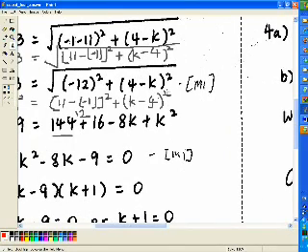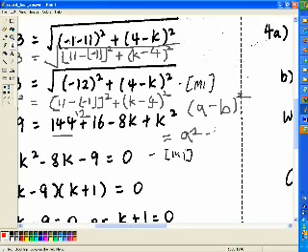(k minus 4) squared. This is actually (a minus b) squared. Can you still remember that (a minus b) squared is actually equal to a squared minus 2ab plus b squared? Do you still remember that?